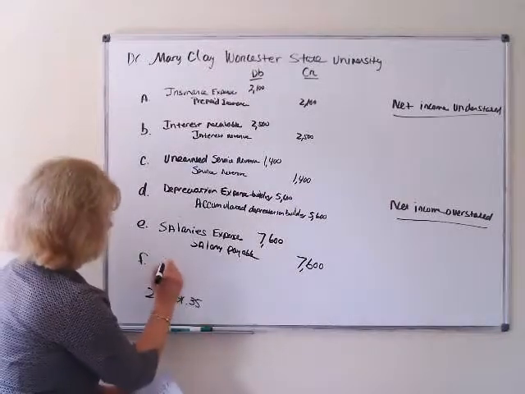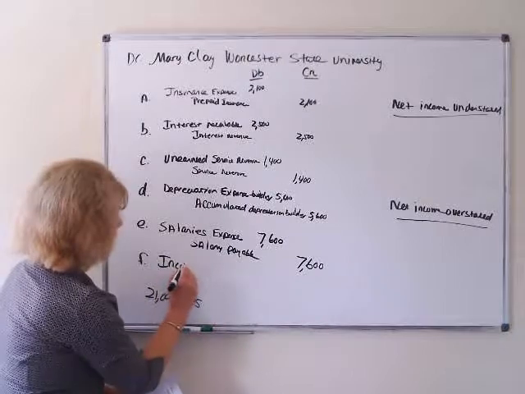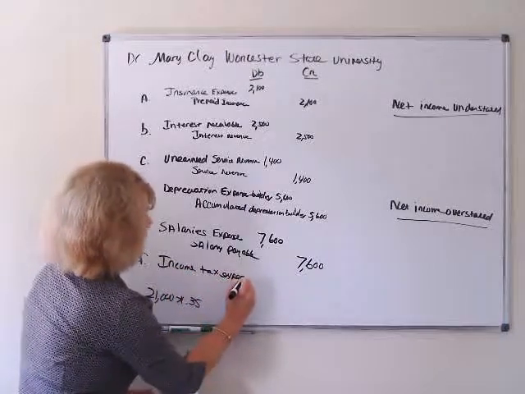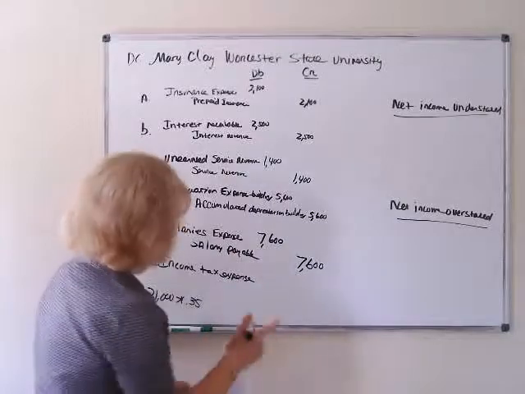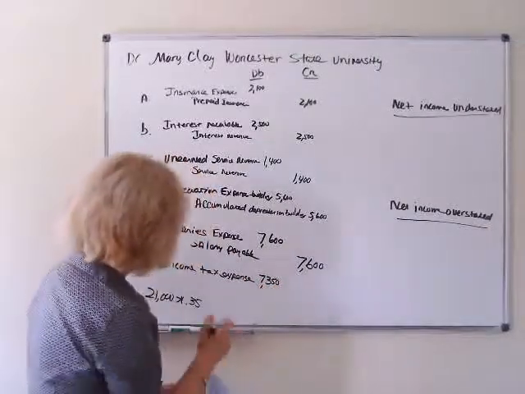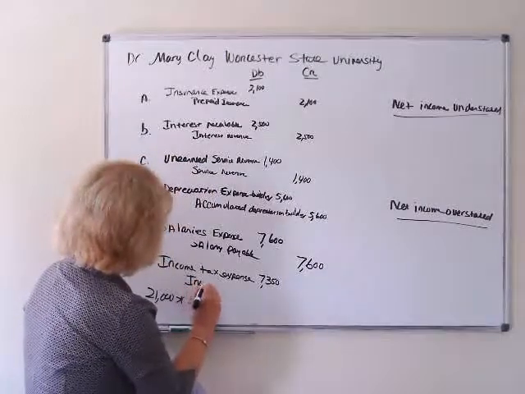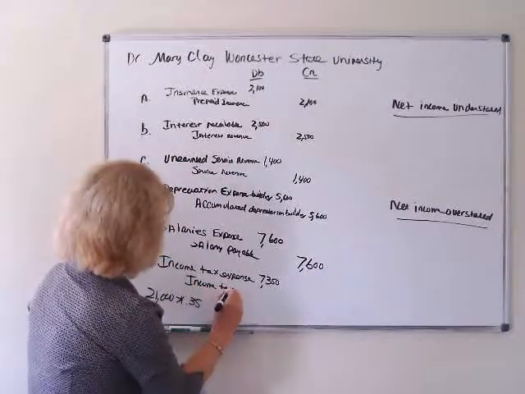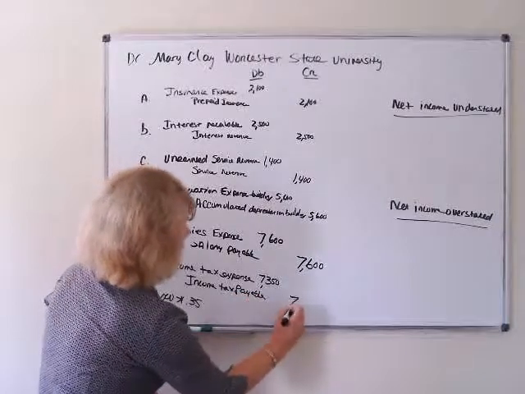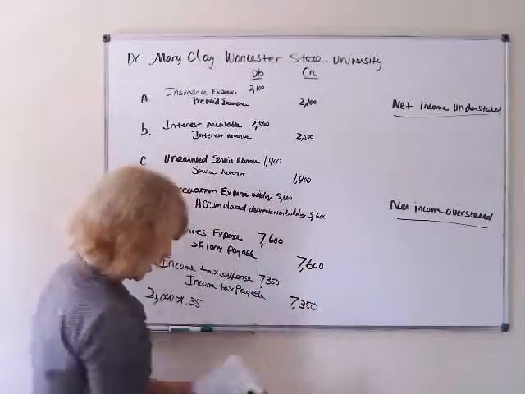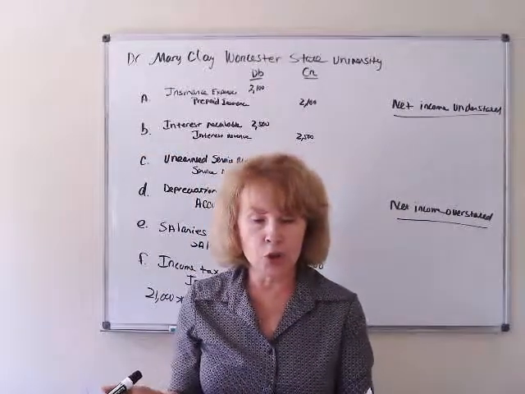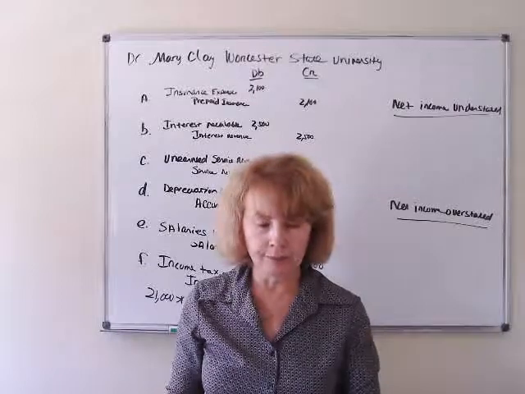We're going to debit income tax expense, $7,350, and then we're going to credit income tax payable, $7,350. Okay? All right. This particular problem makes you do the journal entries first.